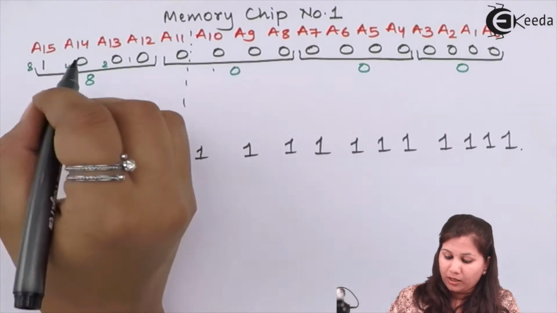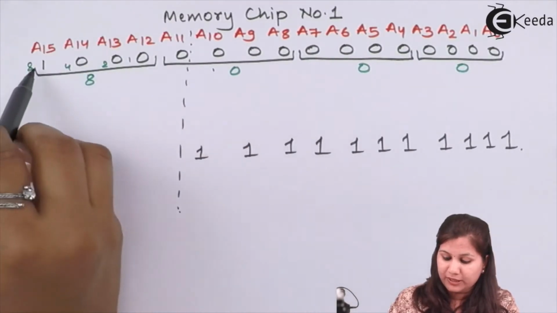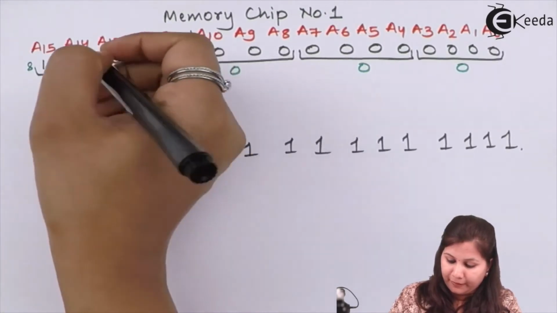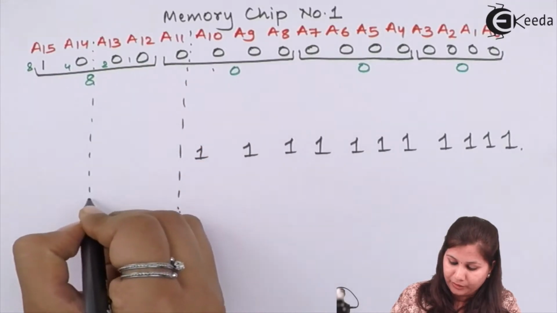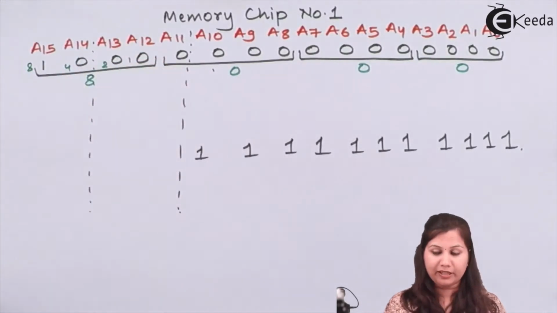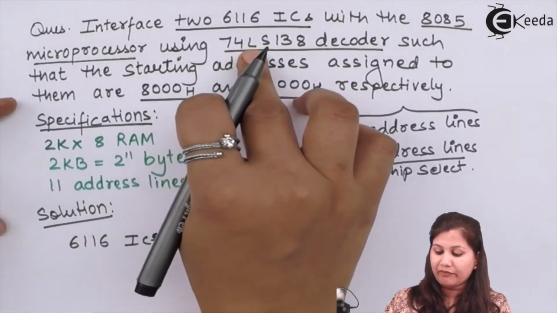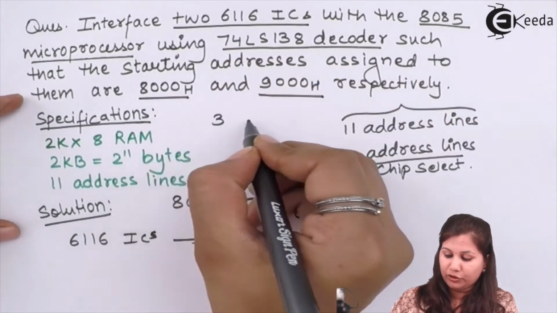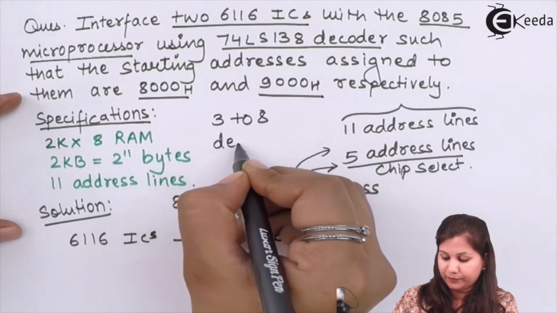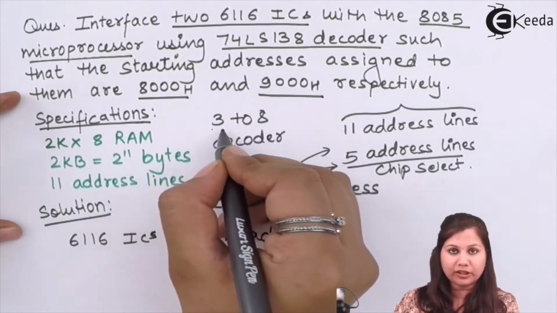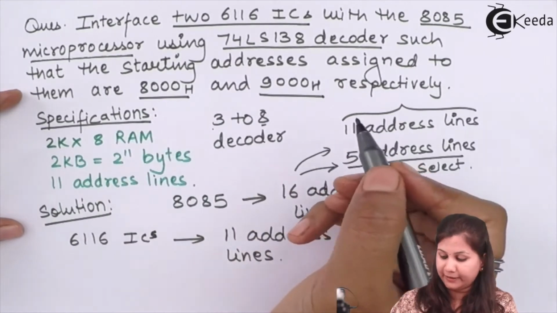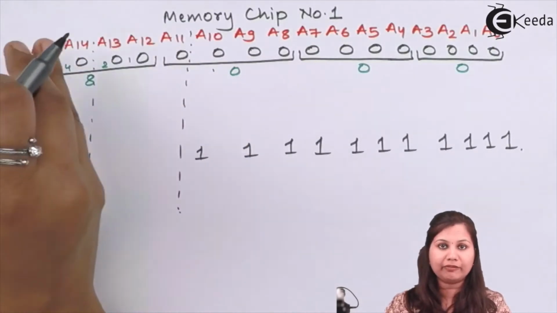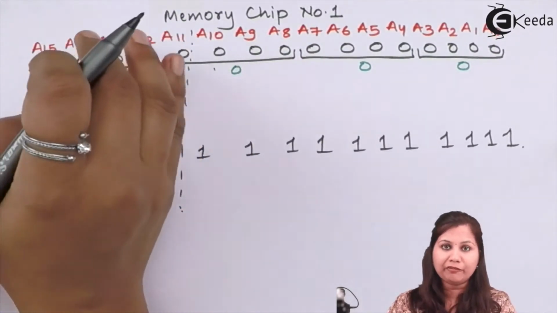Now out of the remaining 5 address lines, we are going to use A14 and A15, because for interfacing we are given that we have to use a 74LS138 decoder, and this decoder is a 3:8 decoder. This means the decoder has 3 input lines and 8 output lines. The 3 input lines will be chosen from the remaining 5 address lines of the 8085 microprocessor.